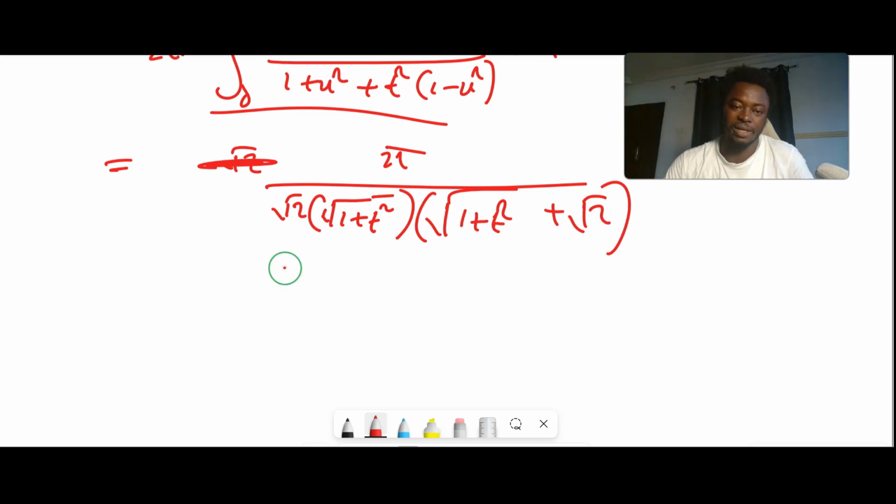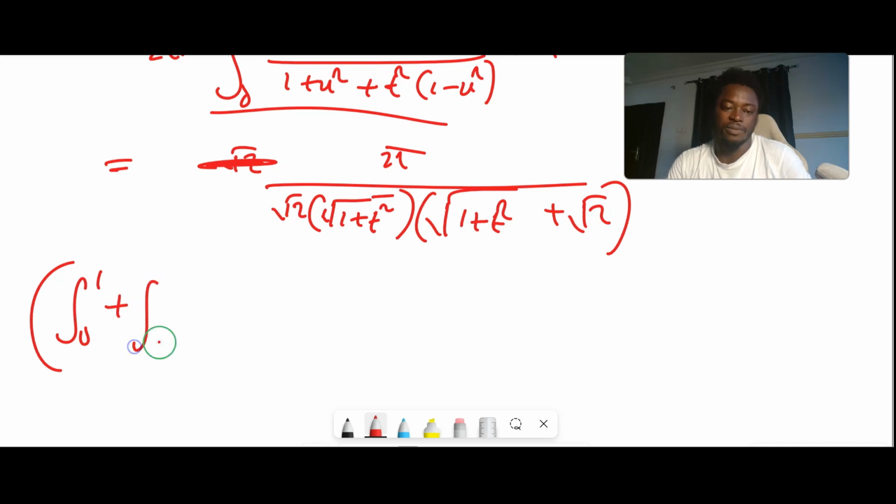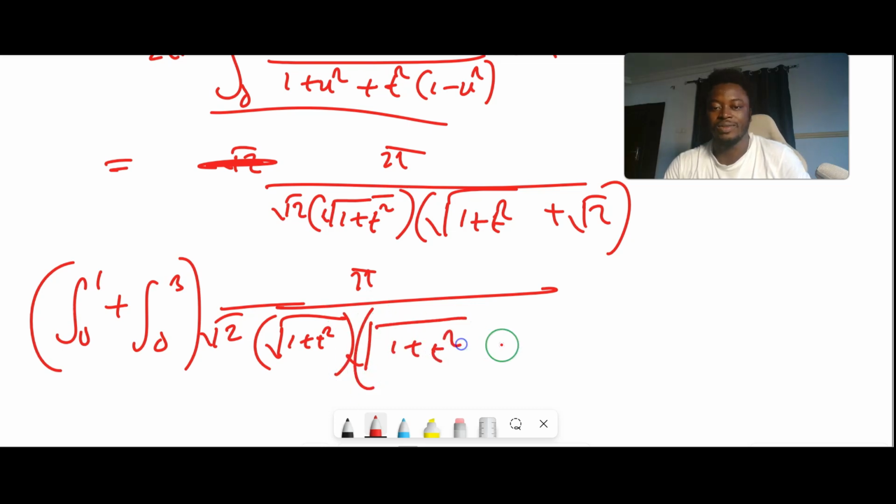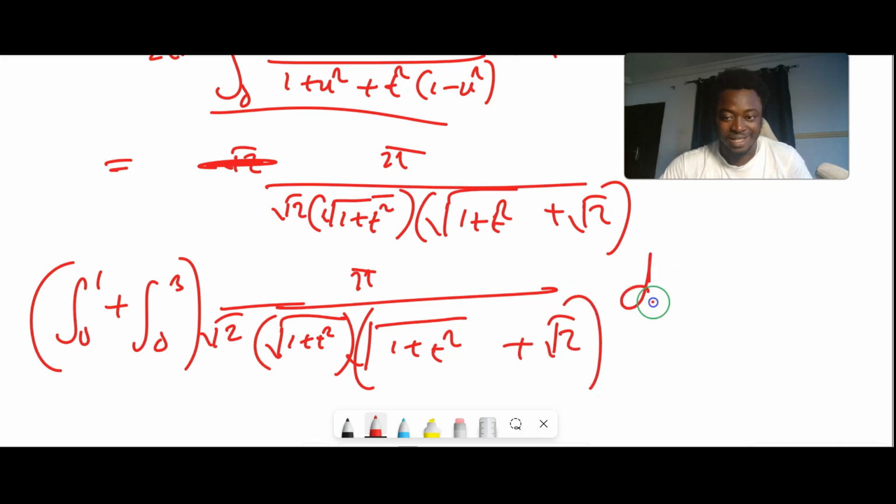Now our problem would be reduced to finding the integral from 0 to 1 plus the integral from 0 to 3 of pi divided by square root of 2 and square root of 1 plus t squared times the square root of 1 plus t squared plus square root of 2, dt.